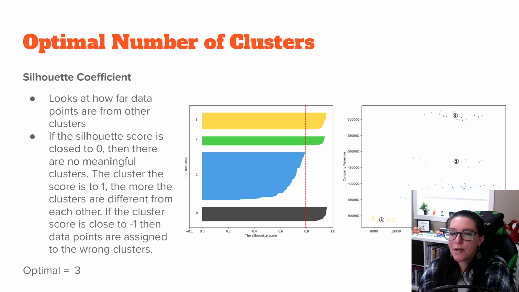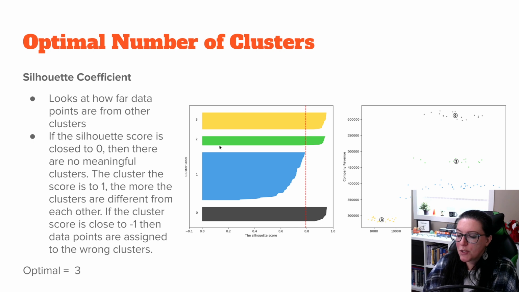The closer the score is to 1 for any particular group, a cluster, here we go, the closer it is to 1, the more this cluster is different from all the other clusters. And we can see that here, right?